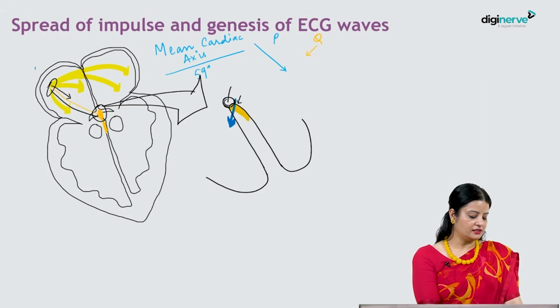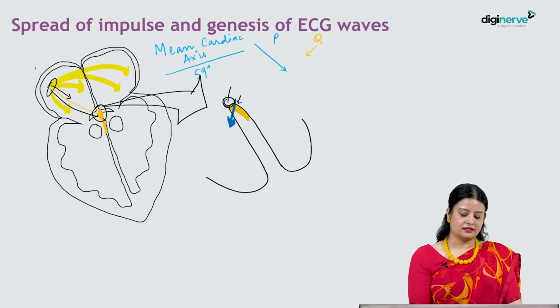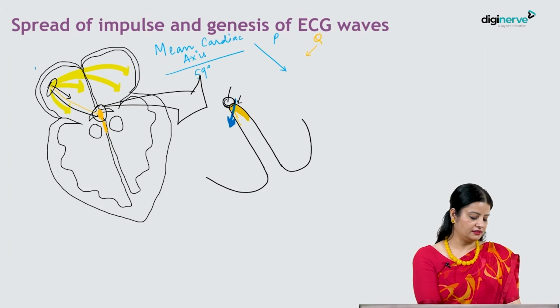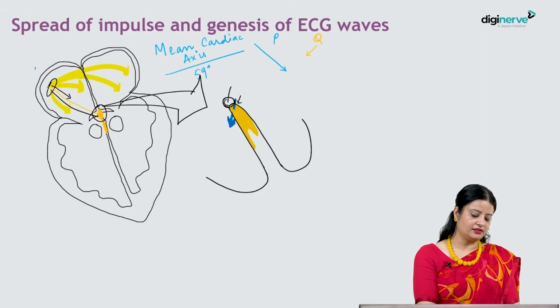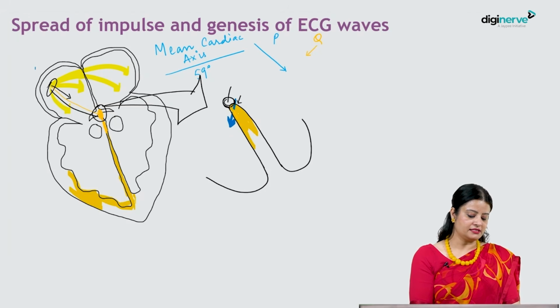Now, moving on to the further wave of depolarization, the entire interventricular septum gets depolarized and it also leads to the depolarization of the ventricular muscles.